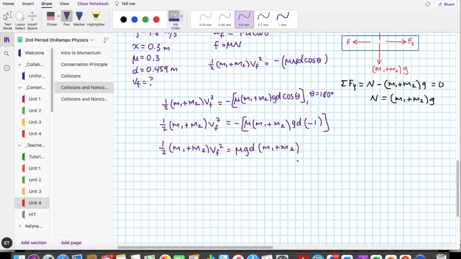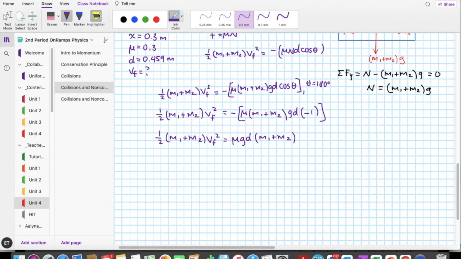So now I can start solving for velocity final. I want velocity final, not velocity final squared. We'll deal with the squared at the end. So let's get rid of this 2: mass 1 plus mass 2 times velocity final squared equals, let's get the number first, 2 times mu times g times d.